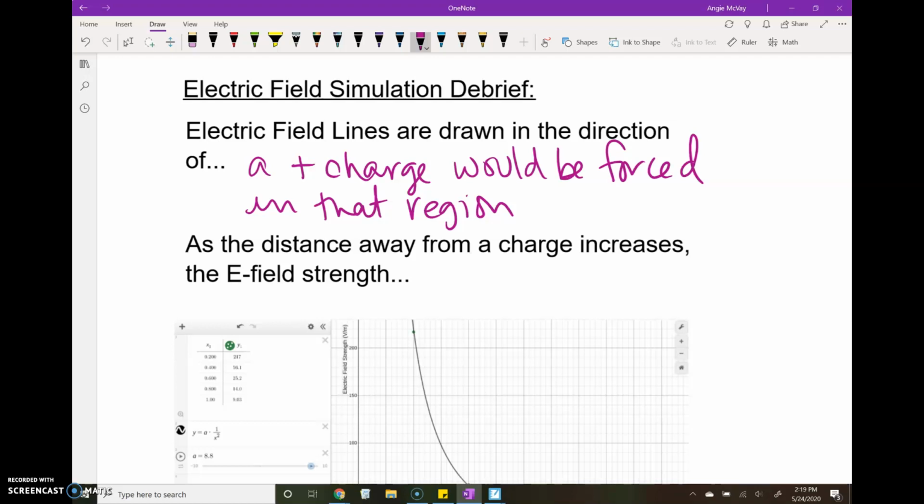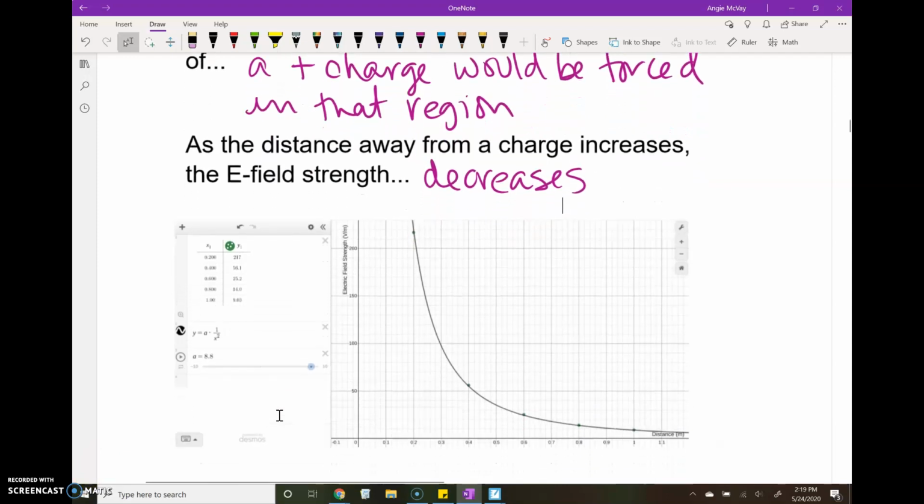Then as we get further away from a charge, as the distance away from the charge increases, the electric field strength should decrease. I asked you to make a graph to show this relationship explicitly.